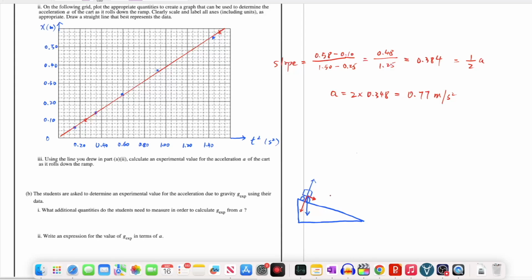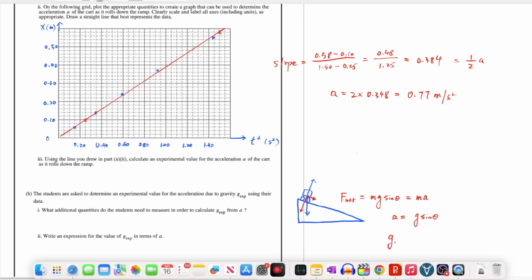If we don't consider the friction force, then the net force is just the parallel component, which is mg sine theta. So this is ma according to Newton's second law. Then a is g times sine theta.